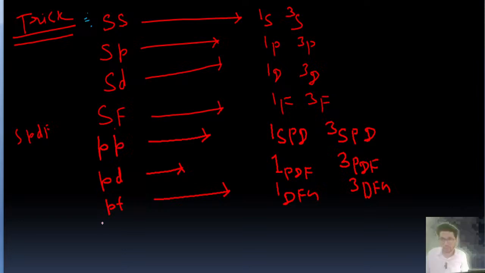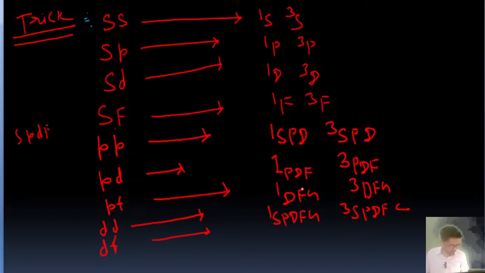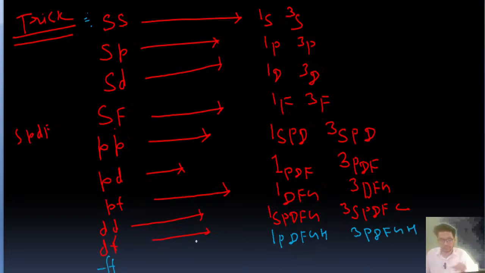Now dd means 1S, P, D, F, G, and 3S, P, D, F, G. Now df is going to be 1P, D, F, G, H, and 3P, D, F, G, H. Last is ff.